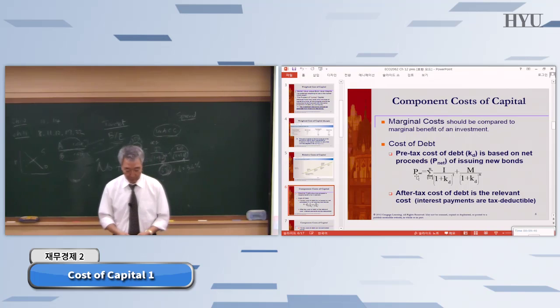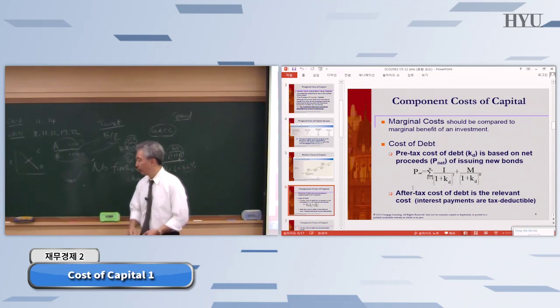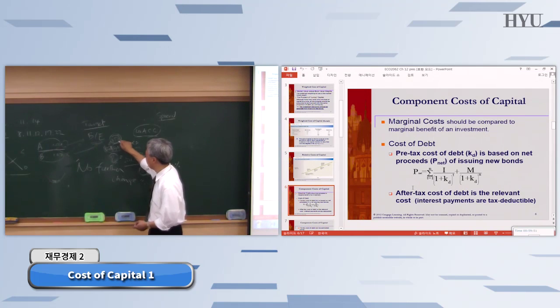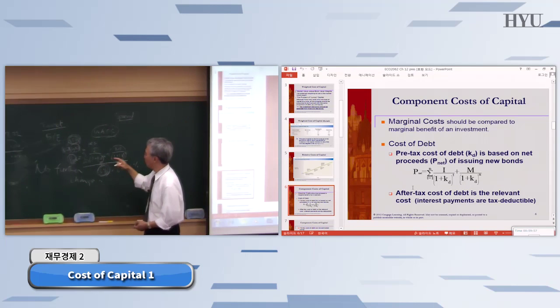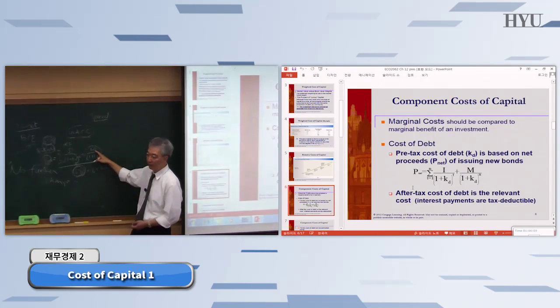From the point of view of the issuer, you have received $850. That's the net proceed. And then every period, instead of receiving interest payments, now you're paying interest payments. And at maturity, 10 years later, 20 years later, you have to pay back the principal, which is par value.